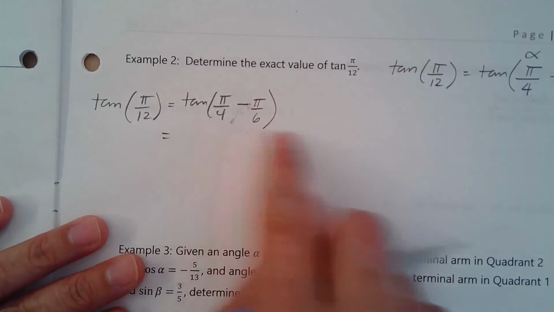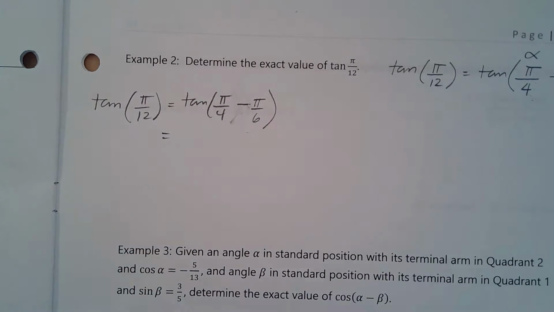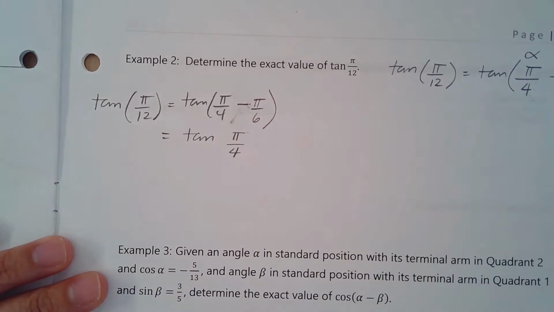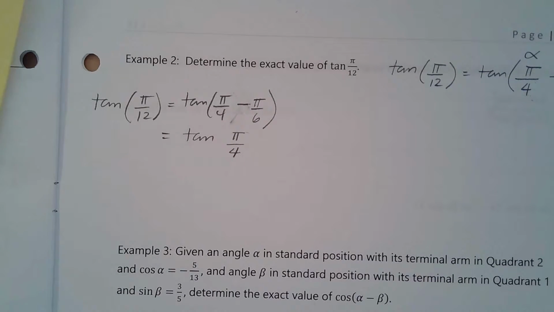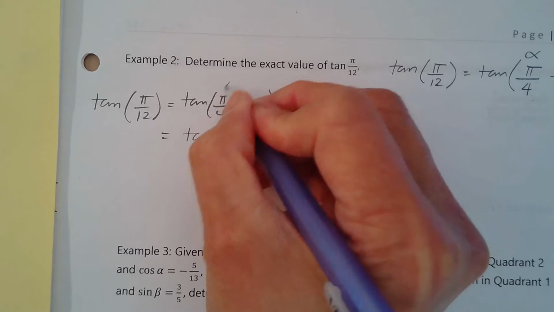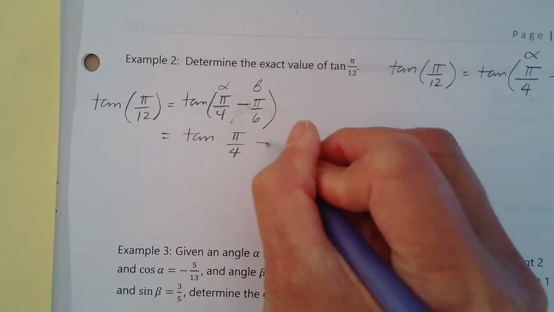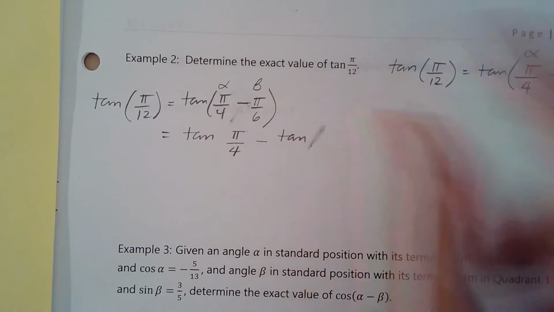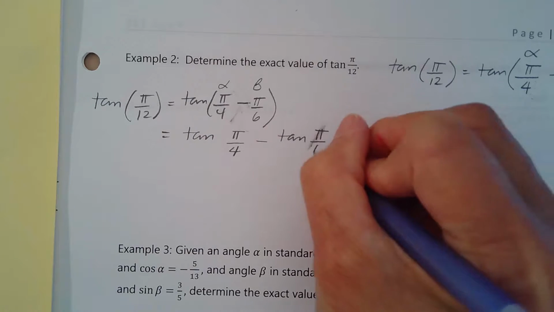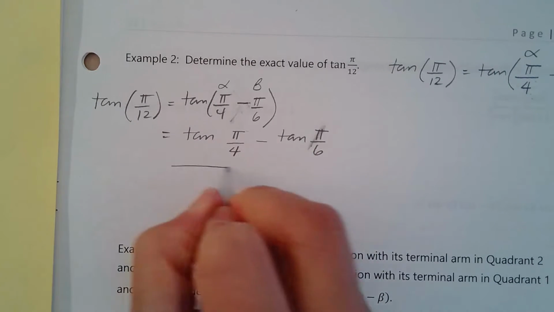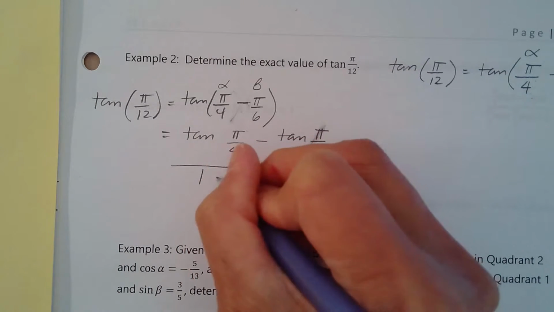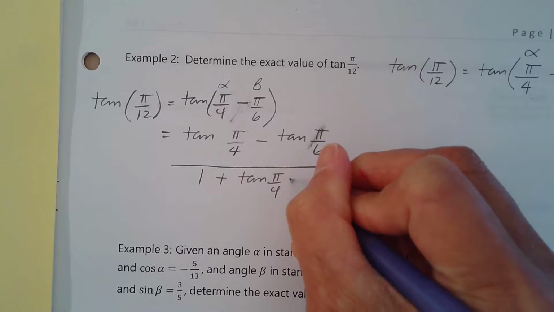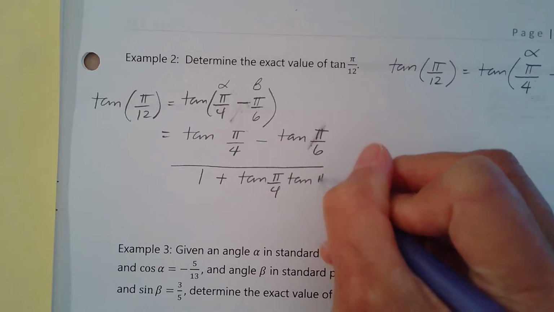And we know there's an identity for that. The identity is tan of alpha minus tan of beta, where beta is pi over 6, all of that divided by 1 plus tan pi over 4 times tan pi over 6.